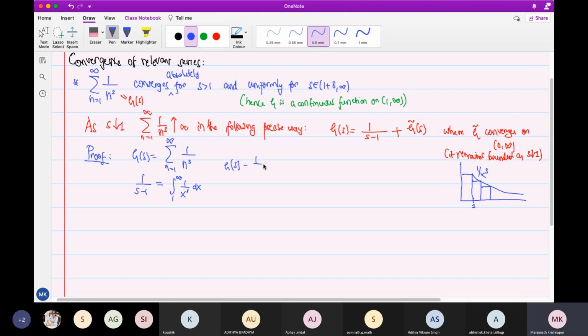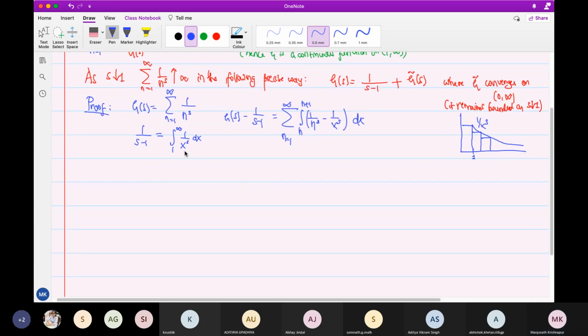Anyway, there is no need for the picture. Zeta of s minus 1 over s minus 1 will be the sum for n equals 1 through infinity of 1 by n to the s minus the integral from n to n plus 1 of 1 by x to the s dx. Because the length is 1, 1 by n to the s integrated will give 1 by n to the s, and this will give the corresponding part of the integral.